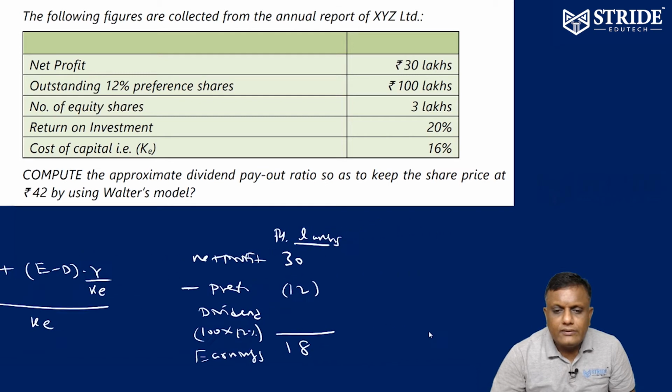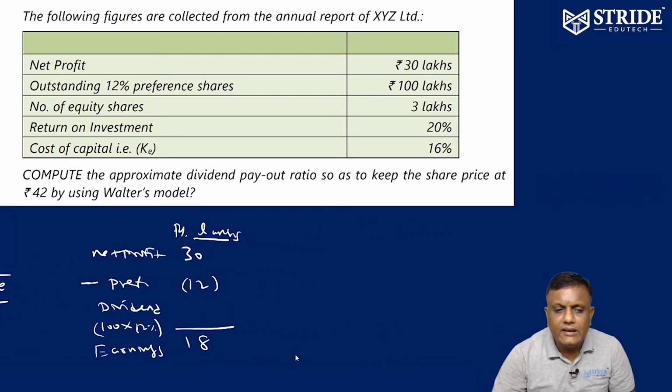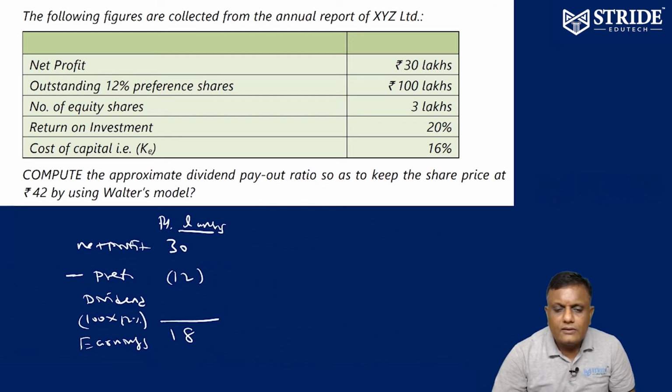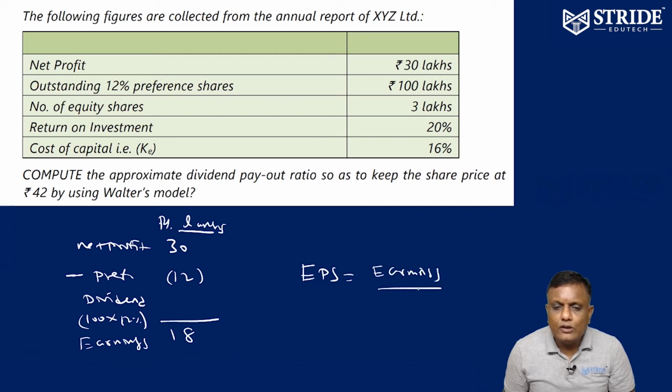This 18 lakhs can be distributed to 3 lakh equity shareholders. So earnings per share is equivalent to earnings by the number of equity shares outstanding.